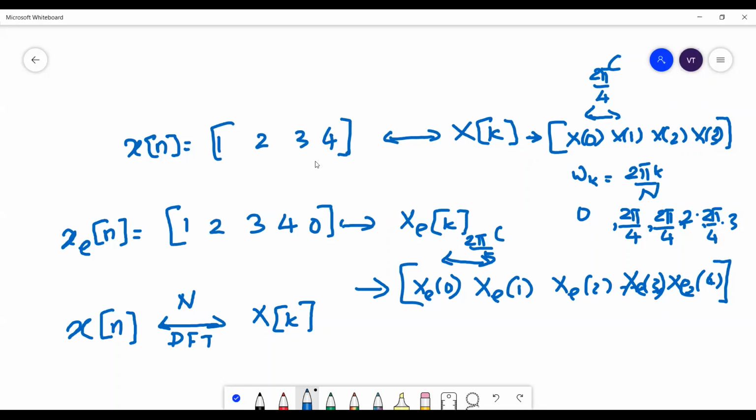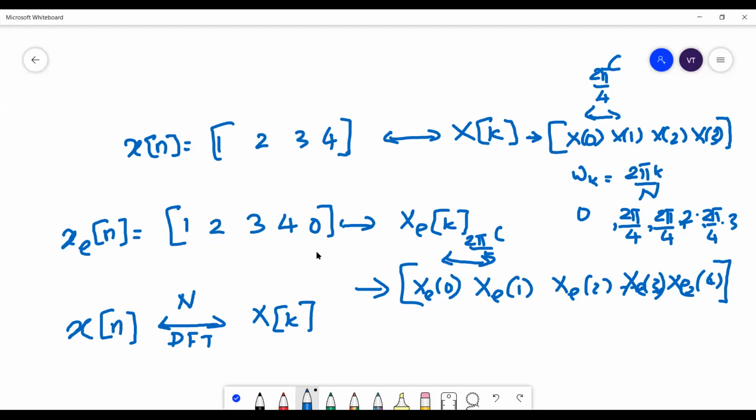If you are asked to find the 5-point DFT of x of n, you put a 0 at the end, then you find the 5-point DFT of x of n. If you are asked to find the 8-point DFT of x of n, you pad 4 zeros, extend this sequence to a length of 8, and then you find its DFT.